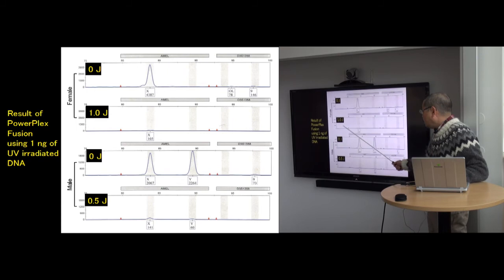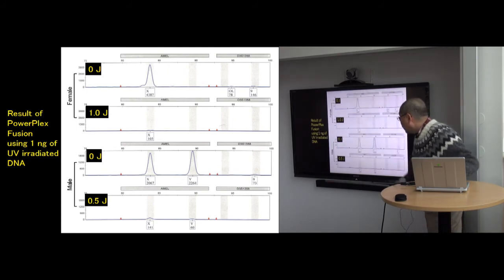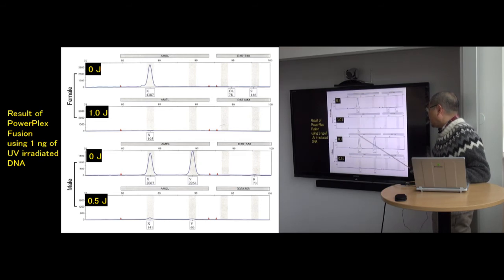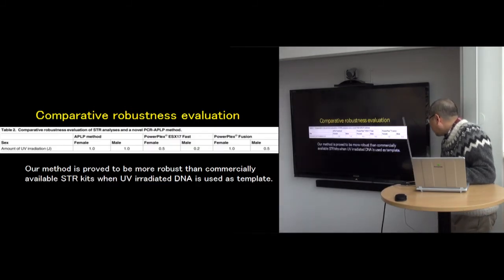And this is the latest version of the PowerPlex kit, named PowerPlex Fusion. This kit is better than PowerPlex ESX, but it can stand up only to 1 joule for female and 0.5 joule for male. And the summary of the result is shown here.